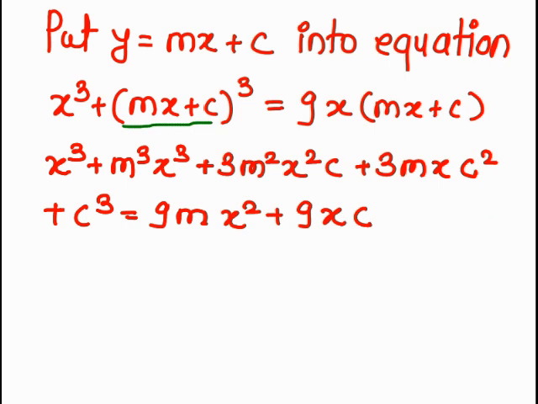Now our job is to find the 2 consecutive or successive highest powers of x. The first power is x cube and the second power is x square. So we are collecting the similar terms. These are the 2 terms with the power x cube and these are the 2 terms with the power x square. So we have to take this to the left hand side. So we get 3 m square x square c minus 9m x square.